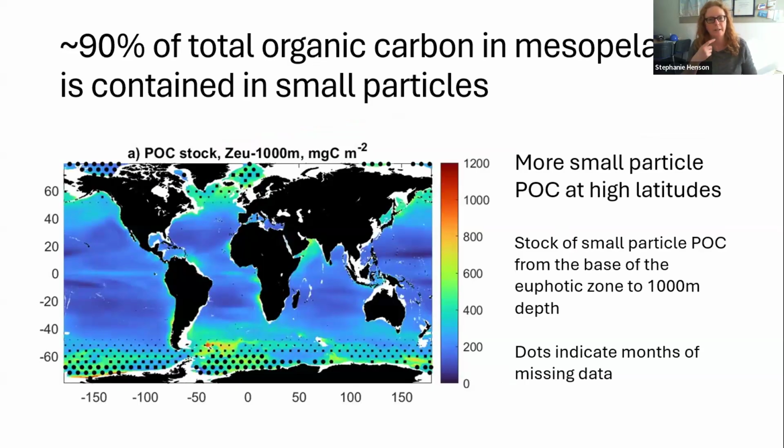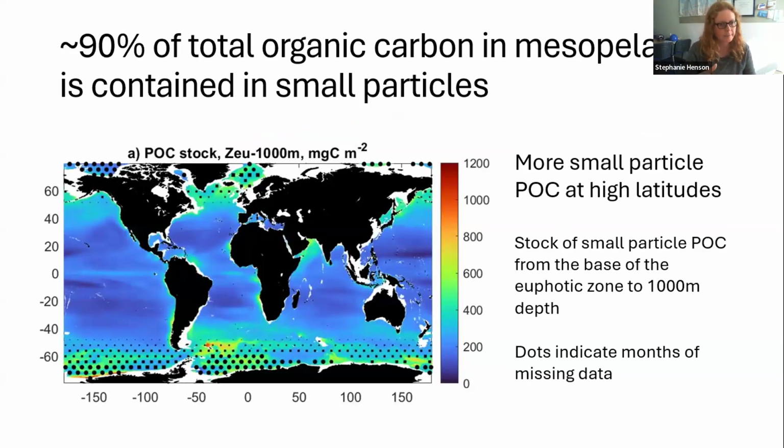And we find that when we compare these results to what Nathan's been finding, about 90% of total organic carbon in the mesopelagic is contained in these small particles. In the figure, you can see that there's more small particle POC stock at high latitudes.